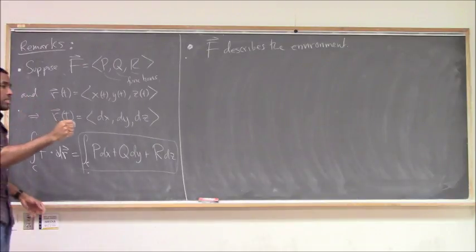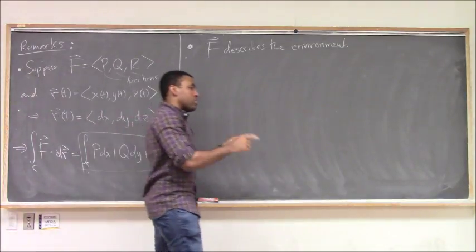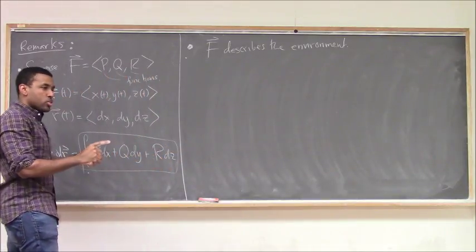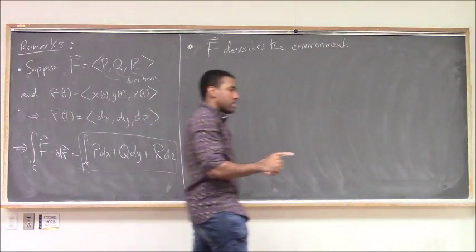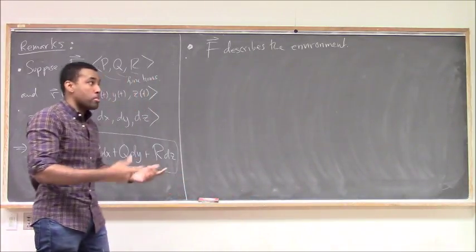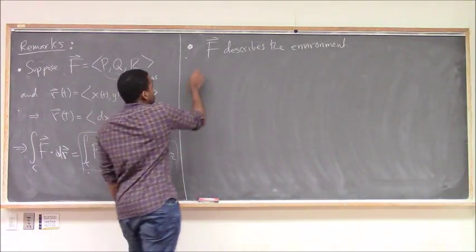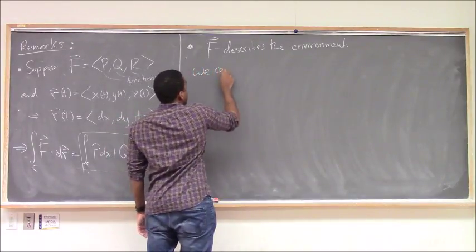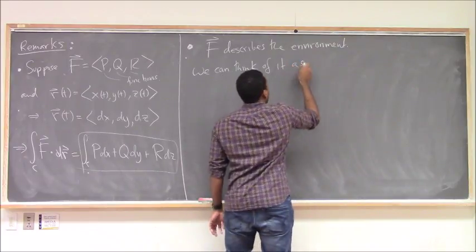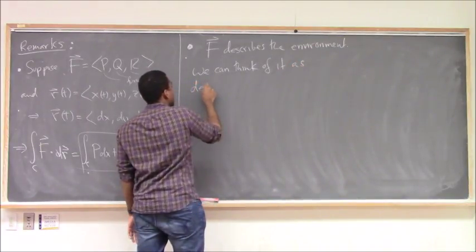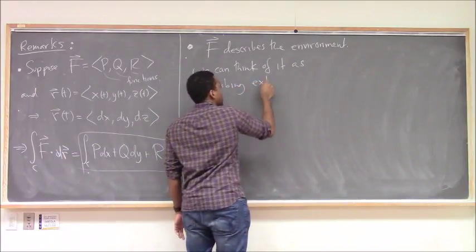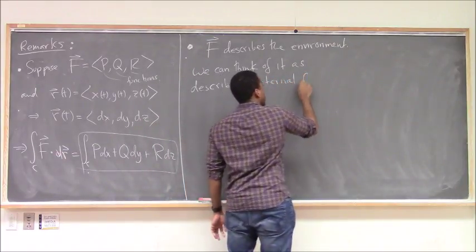So at each point is assigned a vector, and it can have a certain direction and magnitude, and we can kind of think of these directions and magnitudes as having some kind of effect in the environment. So a vector will push something in a certain direction with a certain amount of force. And so we can think of it as describing the external force of the environment.